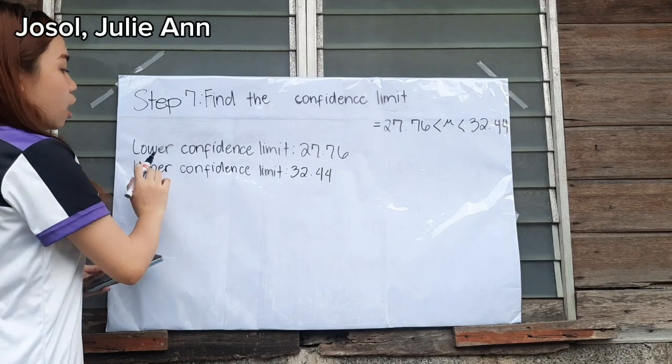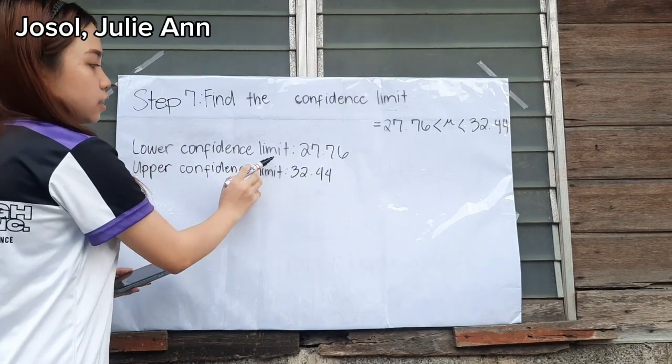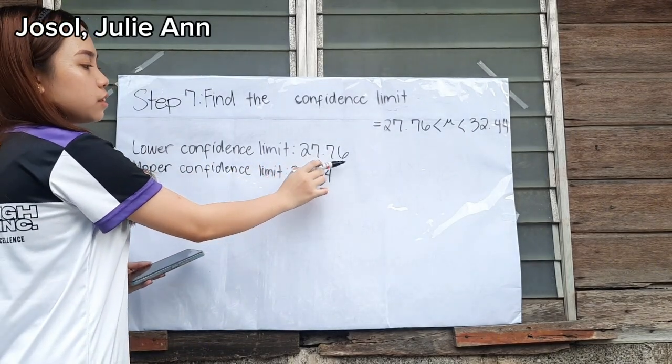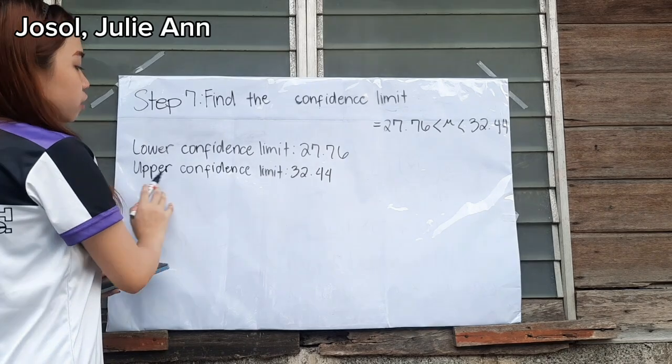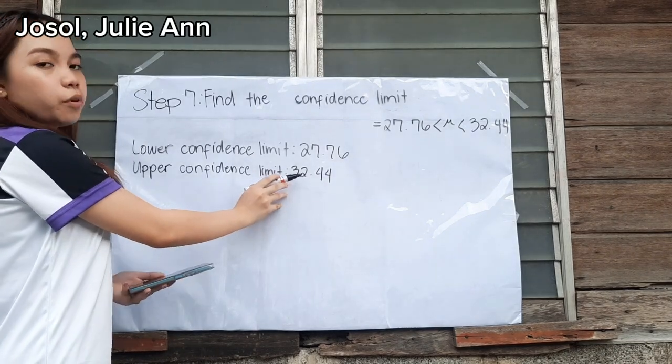Again, our lower confidence limit is 27.76 and our upper confidence limit is 32.44.